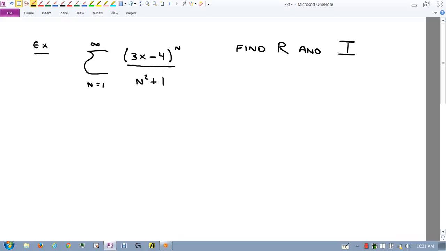You're going to set up the ratio test. You're going to make sure that you set up the inequality less than 1. Work it all out. Start separating out your n's from your x's. Take your limit, see what happens.